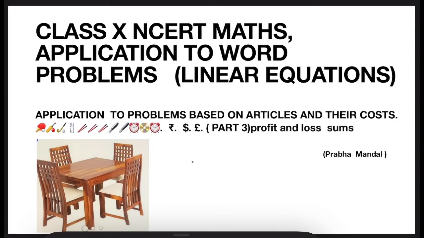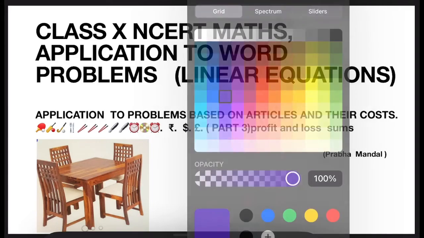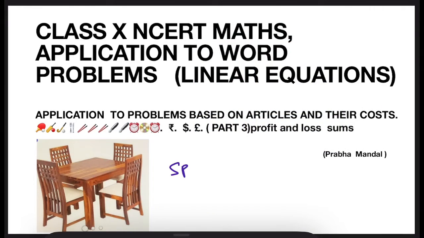You see, suppose SP is given. SP is given as 700 rupees and CP, you bought for 600. So, what is your profit?